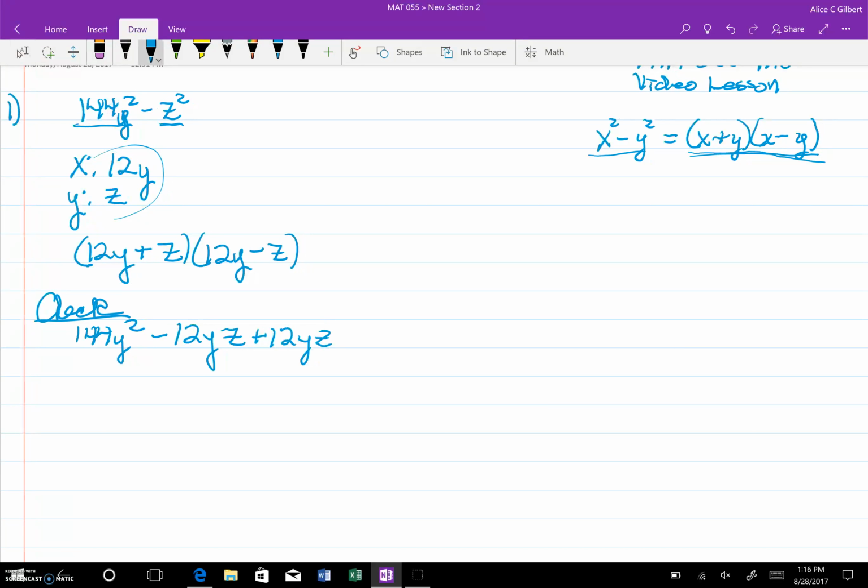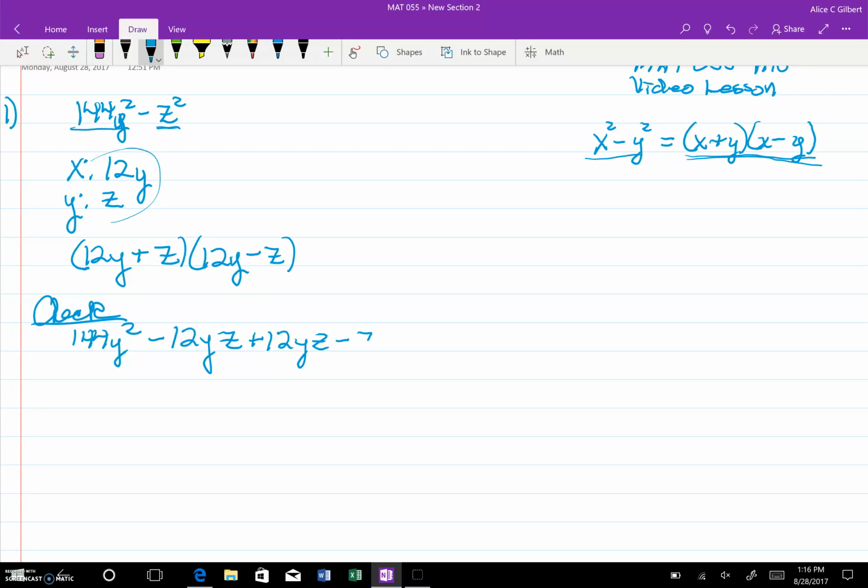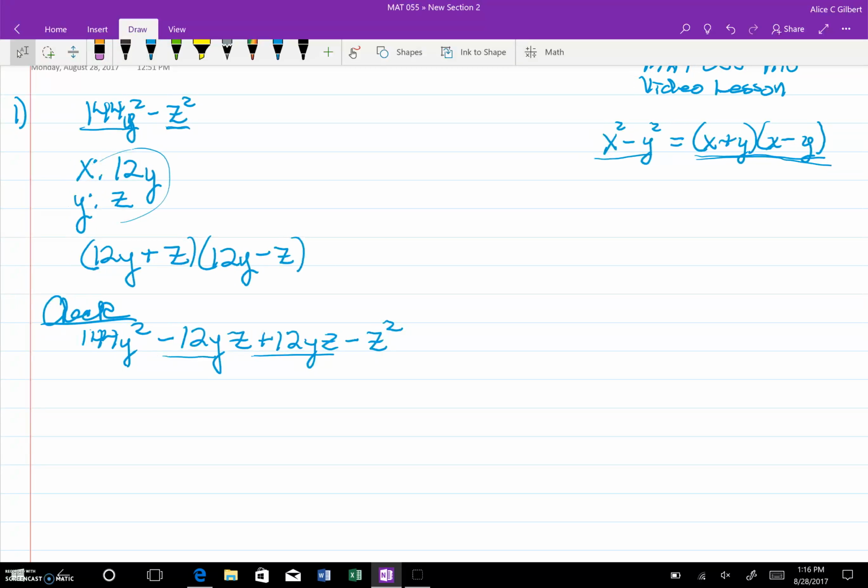And then positive z times negative z is negative z squared. Well, now these are like terms, with opposite signs and exactly the same thing, so they are both gone. And we end up with 144y squared minus z squared. And that's how it happens every single time.